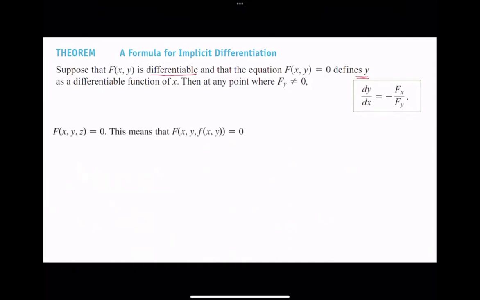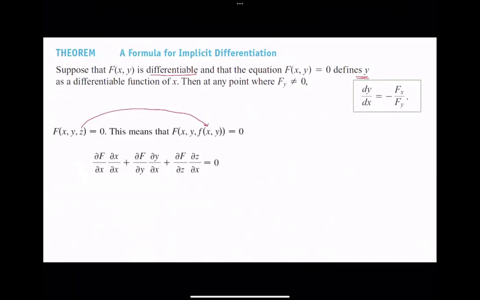Basically, if you write f of x, y, and z equal to 0, this z is nothing but a relation between x and y. So you are writing a relation between x, y, and z, and on the right-hand side of the relation, we usually have a 0.